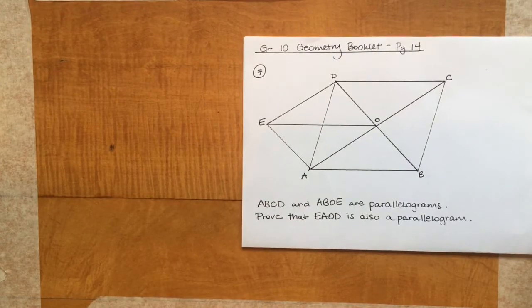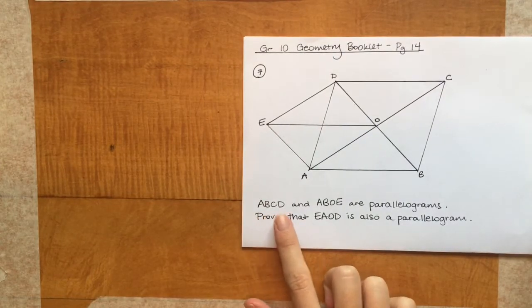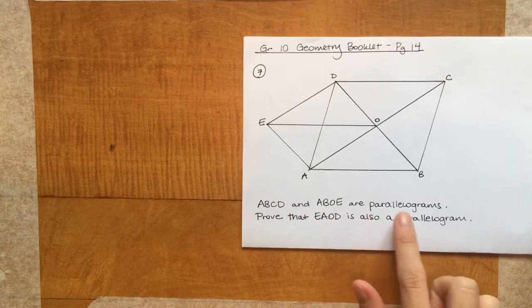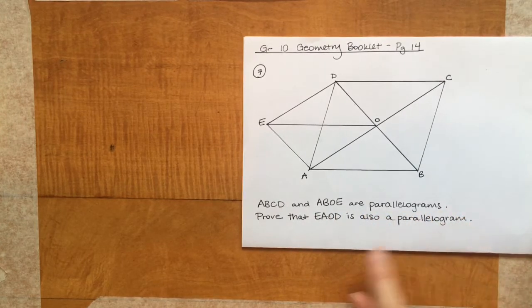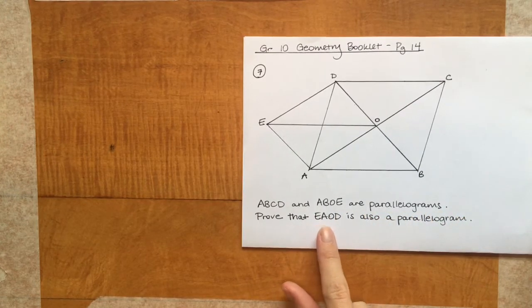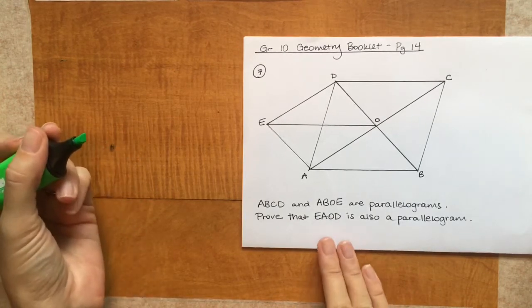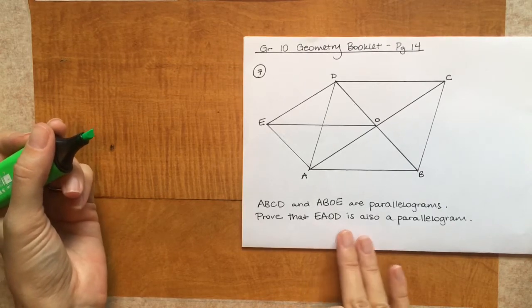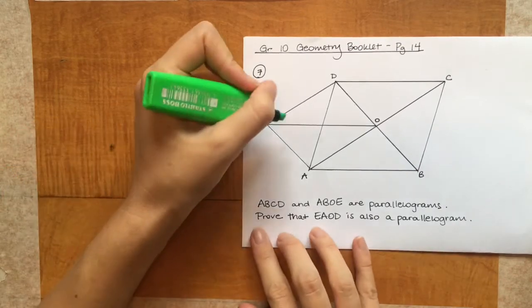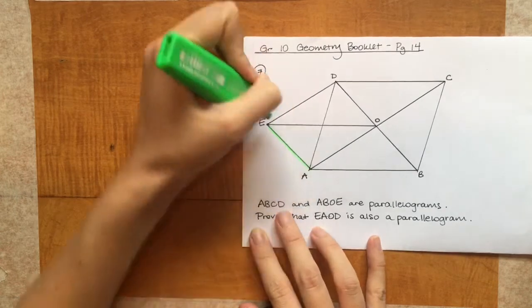In this problem, they say that ABCD and ABOE are already parallelograms, and they want us to prove that EAOD is also a parallelogram. So to start this problem, I'm going to start by highlighting the quadrilateral that we want to prove. So that's EAOD.